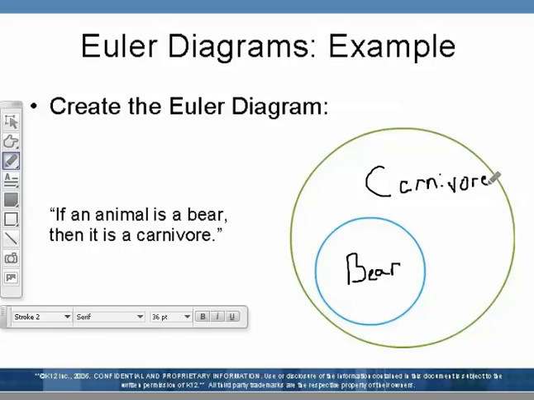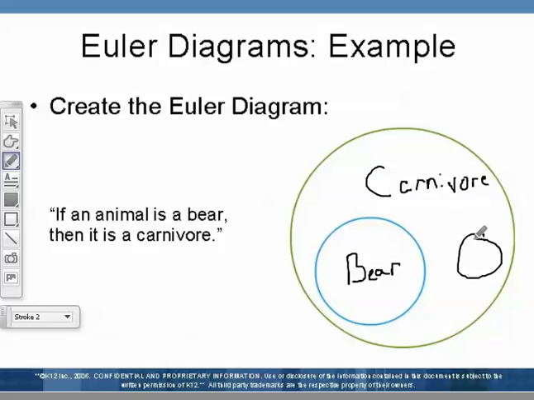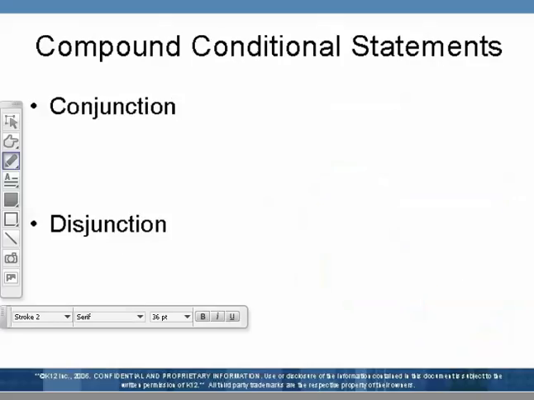Carnivore. Bear, carnivore. There are other animals that are carnivores that might be over here. But it wouldn't make sense if it were the other way around, because then these other animals wouldn't fit inside the circle that's the bear, so that's why this works. Okay? Cool. Hope you guys recognize that.